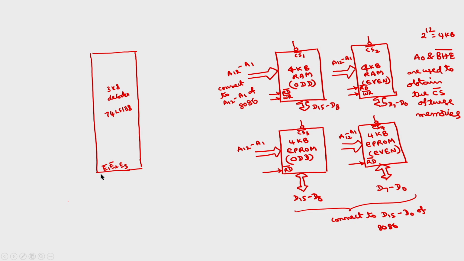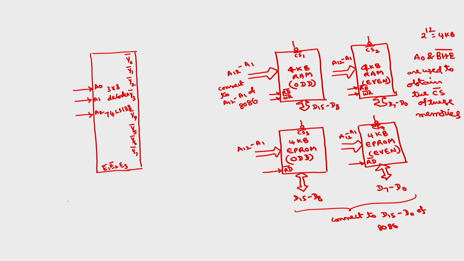E1 bar, E2 bar are active low signals and E3 is an active high signal. Okay. And we will be having 3 inputs, A2, A1, A0, and 8 outputs, Y0 bar, Y1 bar, Y2 bar, Y3 bar, Y4 bar, Y5 bar, Y6 bar and Y7 bar.